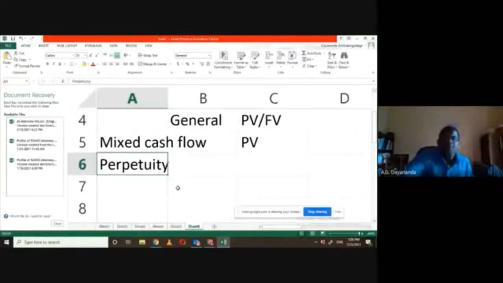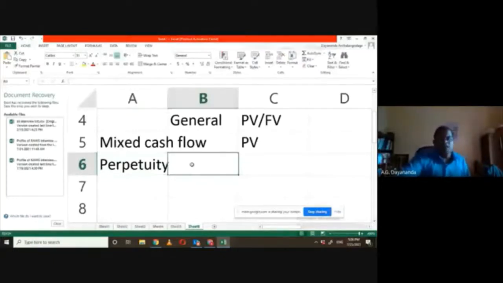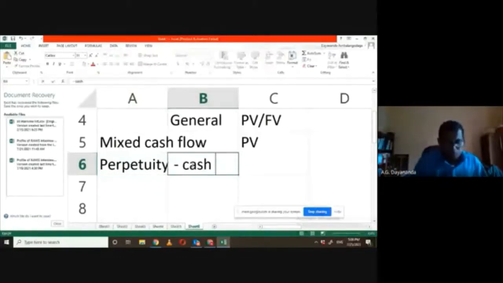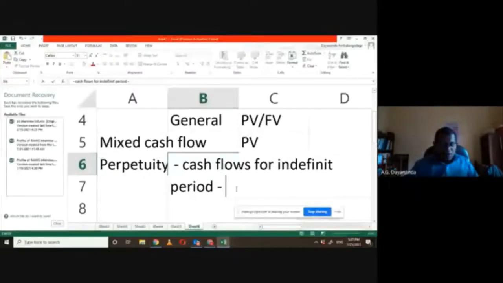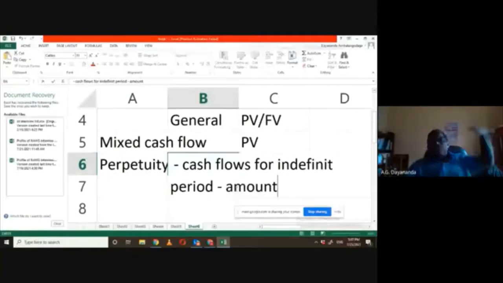Perpetuity means you receive cash flows for an indefinite period. If you are receiving cash flows for an indefinite period, it's called perpetuity. But remember, the amount is fixed. That is called perpetuity. Is it clear? Cash flows for an indefinite period and the amount is fixed.